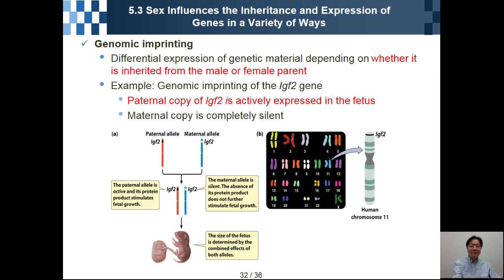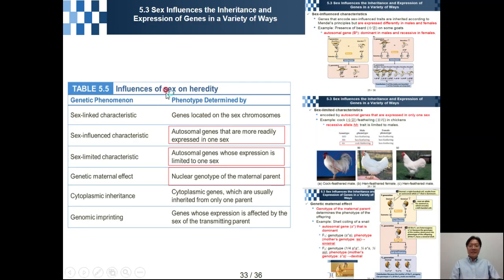Okay. In this slide we summarize the influences of sex on heredity, Table 5.5. One is the sex-influenced characteristics. For example, we learned about beard, an autosomal gene, large B, small b. These are autosomal genes that are more readily expressed in one sex, but are expressed differentially in males and females.